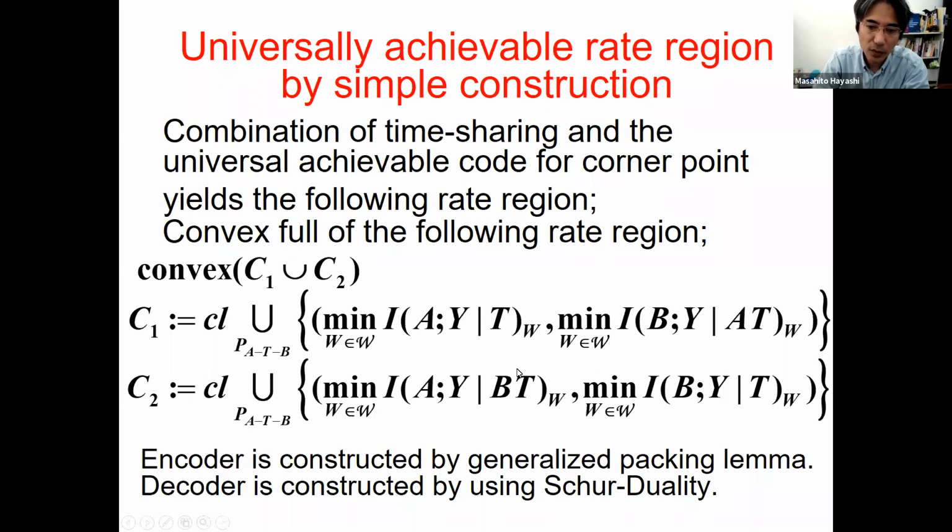So we consider the minimum value with respect to each corner point, and we take the convex hull by using time sharing. So we can achieve this red region by a simple method, a combination of time sharing and the universal achievable code for the corner point. In this code, essentially the encoder is constructed by the generalized packing lemma, and the decoder is constructed by using Schur duality.